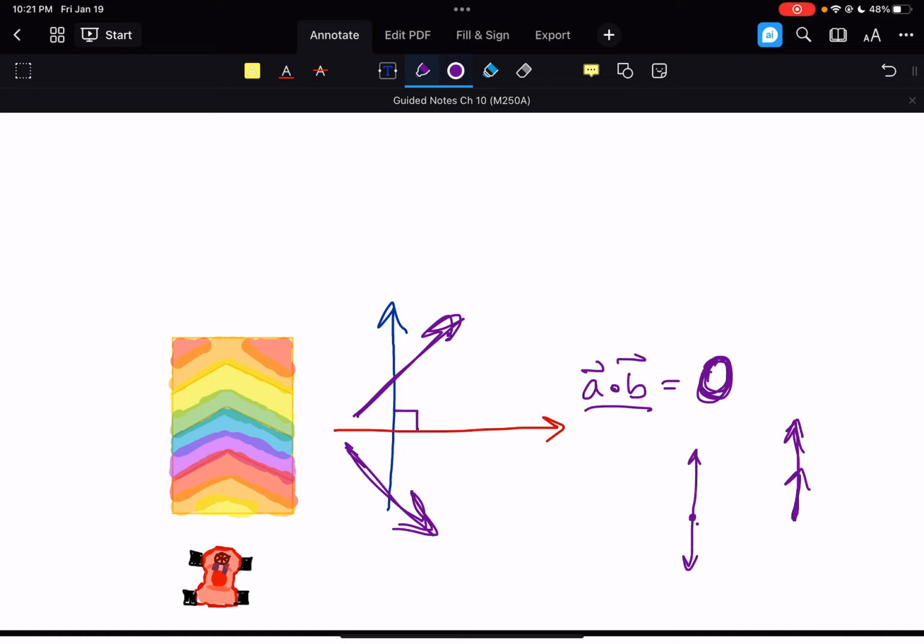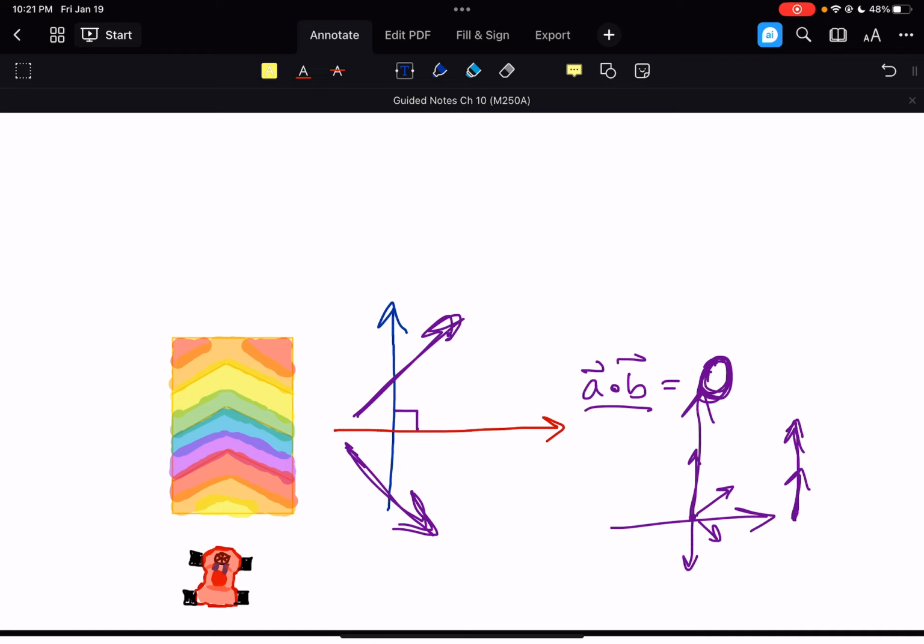Okay, or anywhere in between as well. And of course, the longer the vectors are, the bigger the dot product's going to be. Okay, but it all balances out to 0 if you come at it from that perfect orthogonal angle, that perfect right angle. Okay, but this is a good way, I think, to try to visualize and understand what the dot product is doing for us.